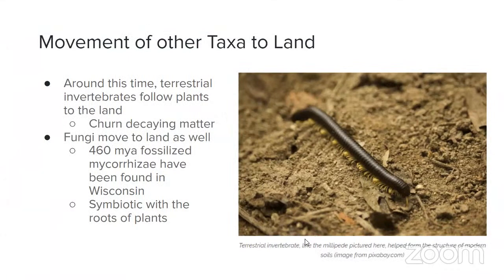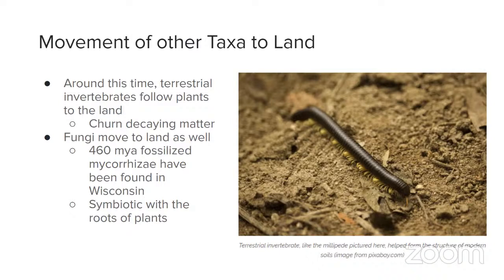Now, as soon as we have plants on land, that means we've got food on land. So we are relatively rapidly going to see our other taxa, our other groups, moving to land, following them. Around the same time period, we start to see some invertebrates going to land.